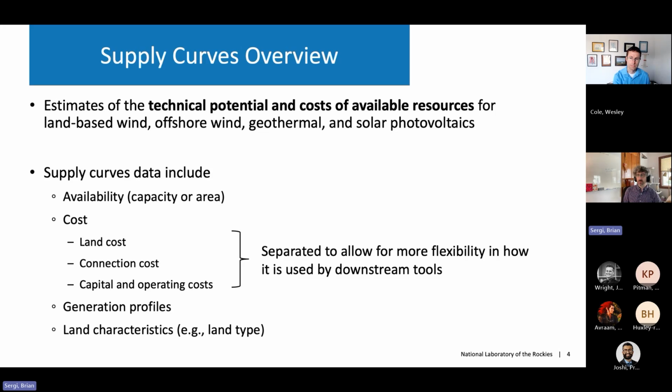Of this available land, we have a large list of data sets that provide information about what that land looks like, what type of land it is, other uses, things like environmental or species habitat and ranges. So there's a lot of rich description about what that land is that can be used to try to understand where these technologies are potentially being deployed.